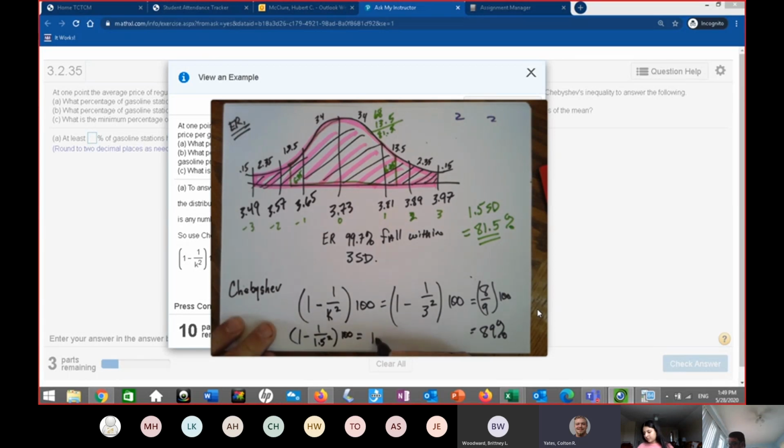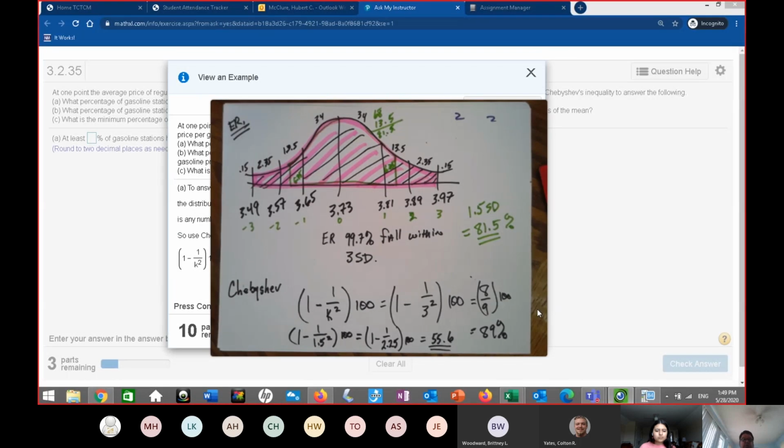So 1 minus 1 over 2.25, that's 1 minus about 1/2, so it's going to be around 50%. What does it come out to be? 55.6. So Chebyshev says it's not 81%, it's 55.6. Does that help you?